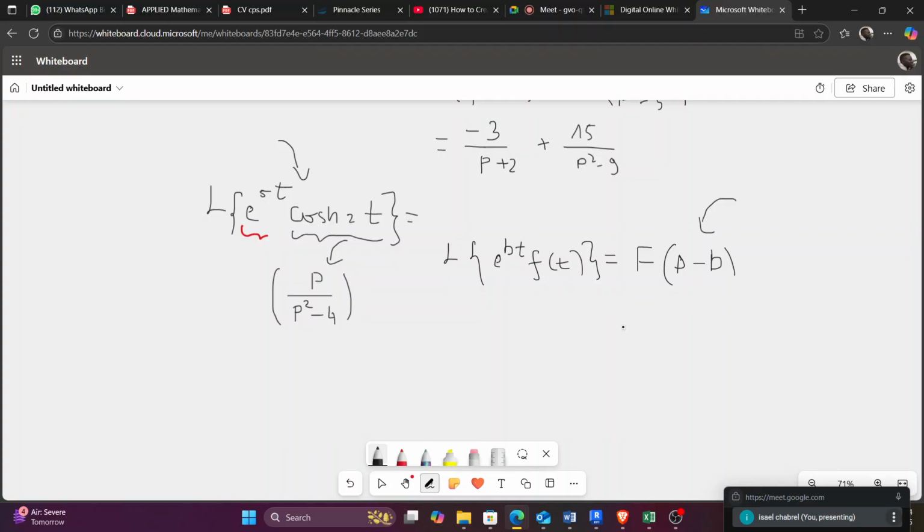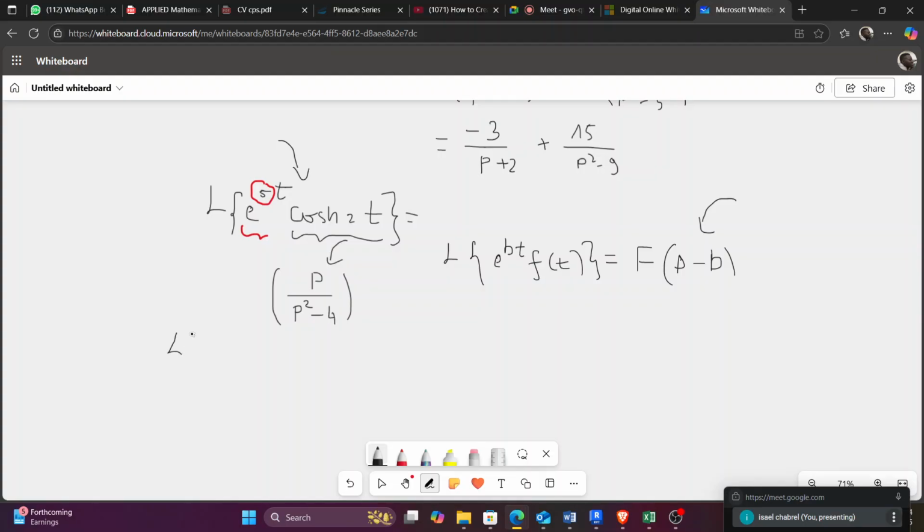Now I have to recall which one is b. B is simply the power of the exponential where there is e. Now if we have to write this solution using first translation, this is how it's going to be.